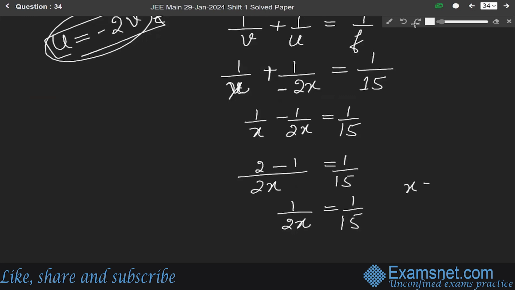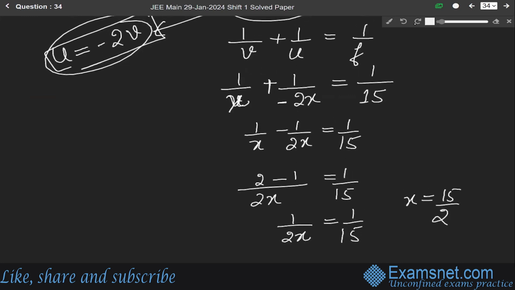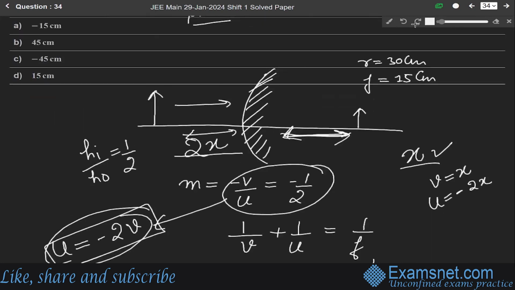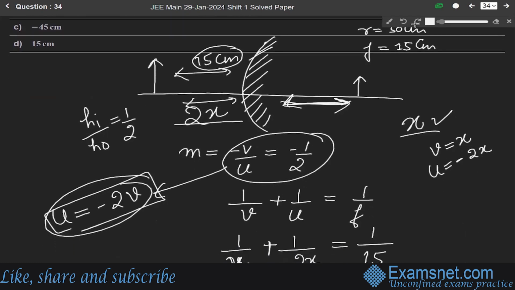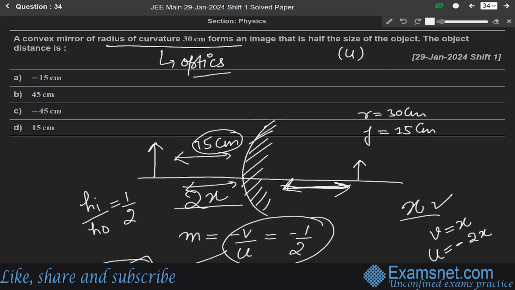So x will be equal to 15 by 2. So if the image distance is 15 by 2, the object distance will be 15 centimeter. Since object distance is minus 2v, object distance u will be minus 15 centimeters. So the correct answer is u equals minus 15 centimeter, meaning option A is correct.